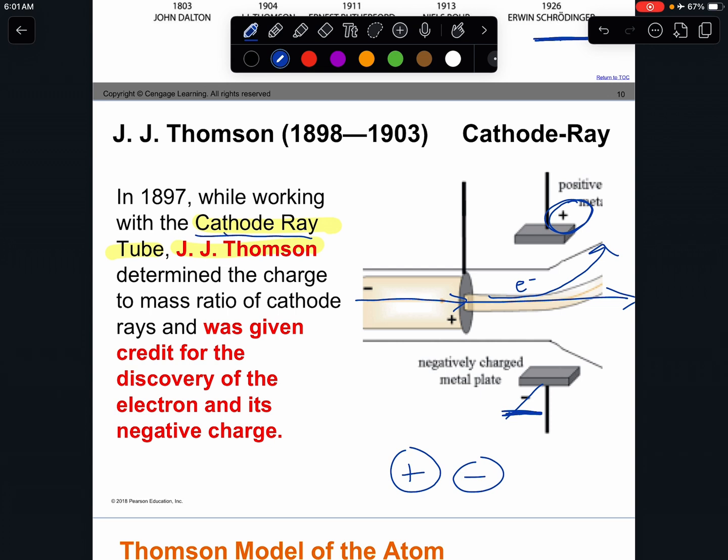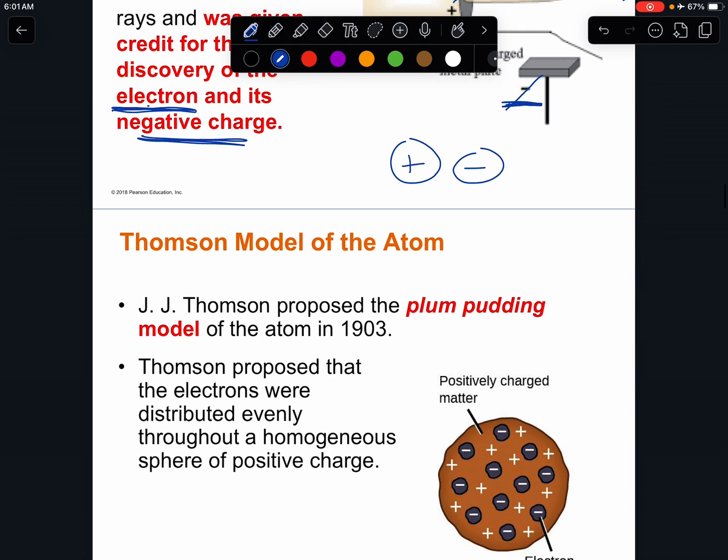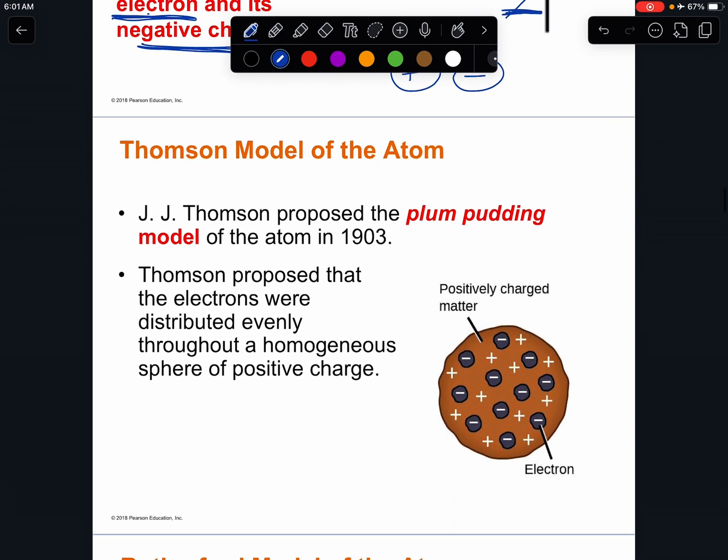So basically, the cathode ray tube by J.J. Thomson helped us discover the electron in the atom and that it had a negative charge. So again, knowing the name of the experiment, the scientist, what it discovered, okay, is what's important here. You will not have to draw a picture of what's going on here.